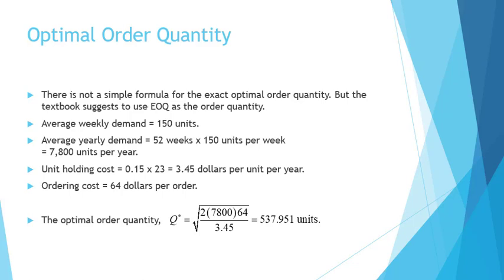Now, can we find the optimal order quantity? Actually, there is not a simple formula for the exact optimal order quantity, but the textbook suggests to use EOQ as the order quantity for approximation.